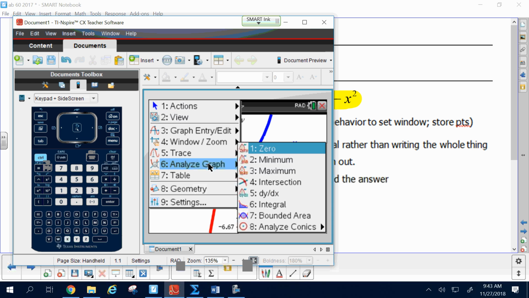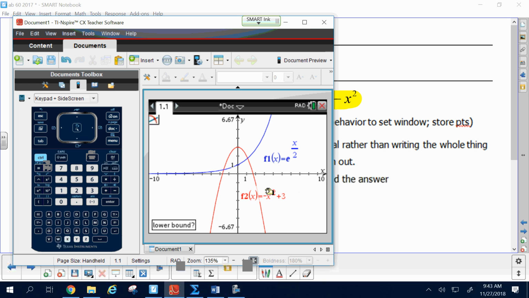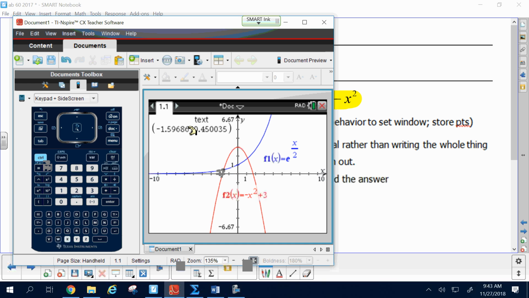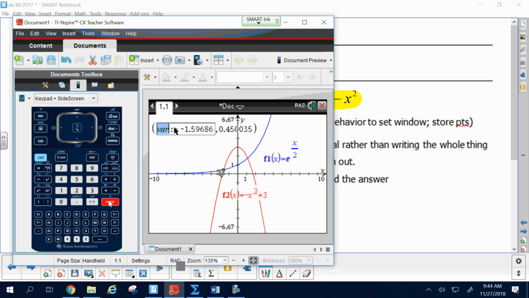And you're going to definitely want to store the x values as we do that. Once you get the leftmost intersection point, I'm getting the x of negative 1.596. How about you? You want to store that, I'm just going to use A. Then find the other intersection point.